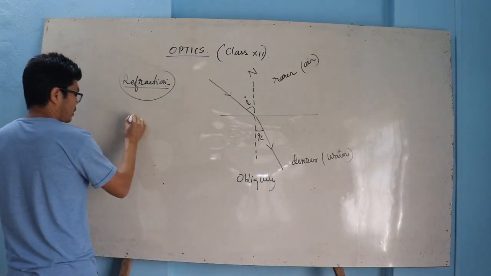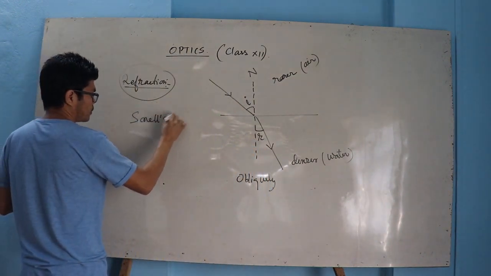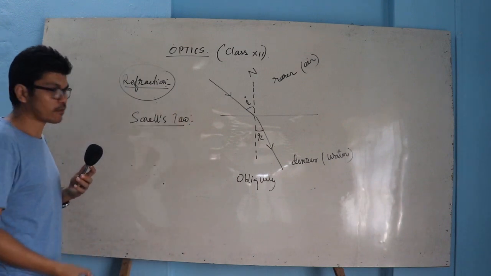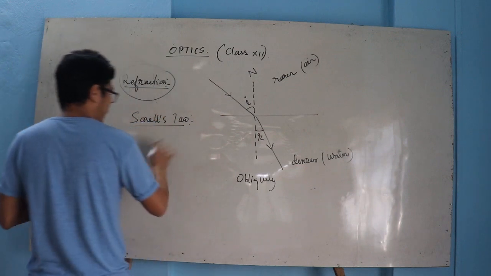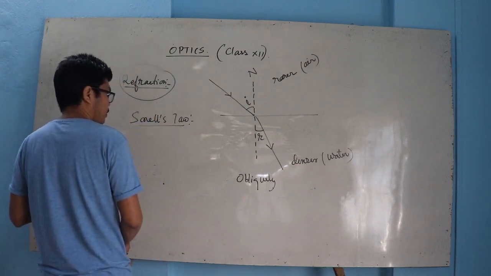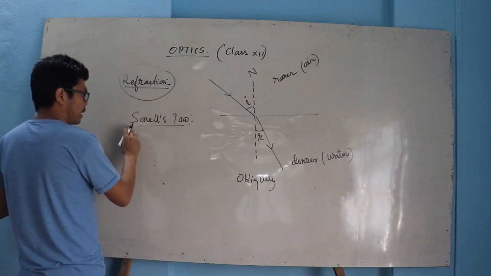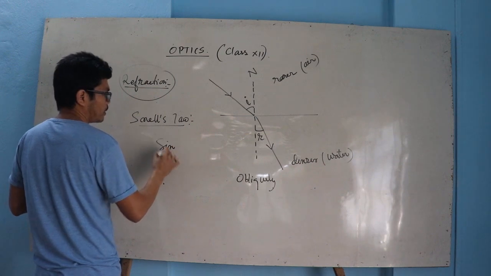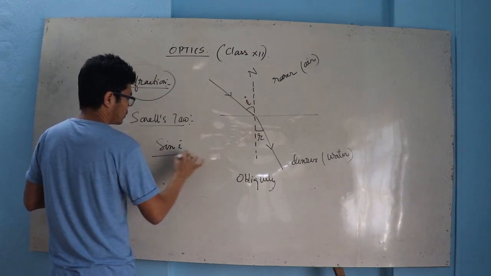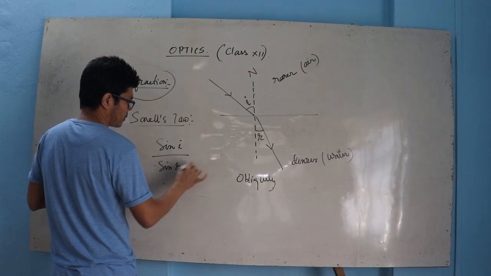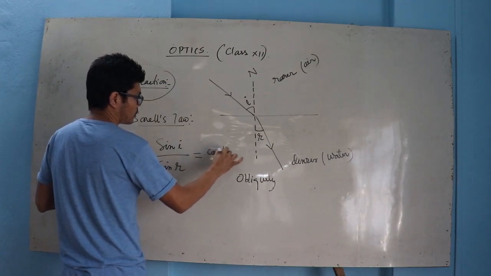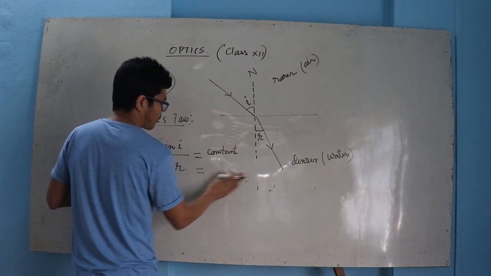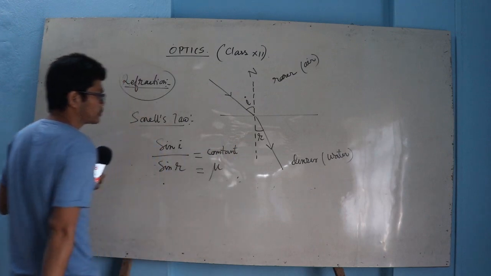Then here comes Snell's law. As I said, for the notes you copy down from the web page that I have already sent by WhatsApp. In Snell's law, what we have is sine of the angle of incidence divided by sine of the angle of refraction. This ratio is equal to a constant, and this constant is nothing but your refractive index, mu.